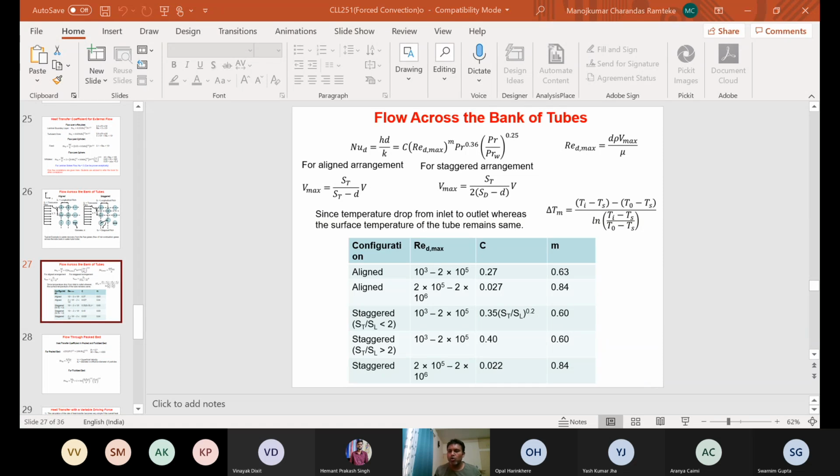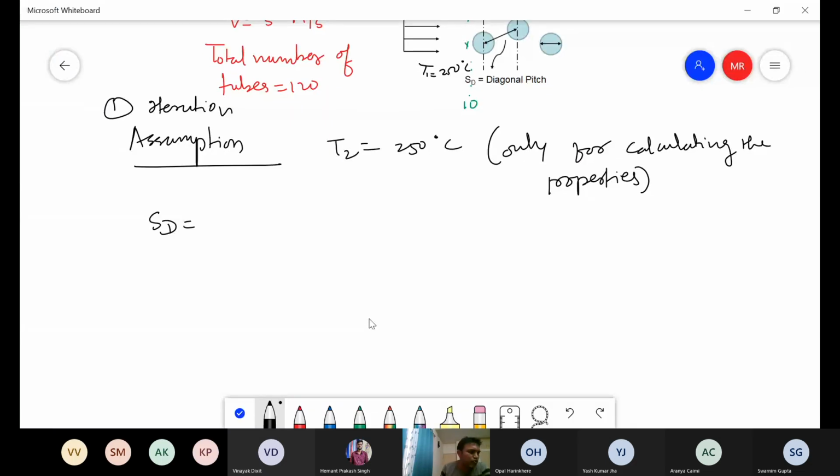Let me go back to our whiteboard. I have to first find SD. The diagonal pitch is directly given as SD = sqrt(SL² + (1/4)ST²).